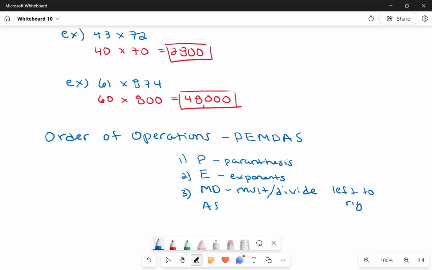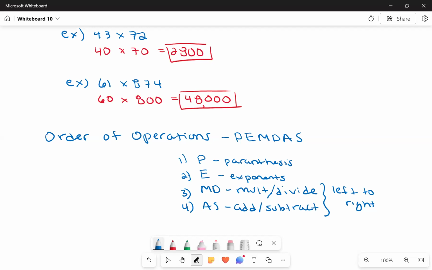In fact, that's also for addition and subtraction, which is the next step. Add, subtract. Fourth step. Technically they're equal.